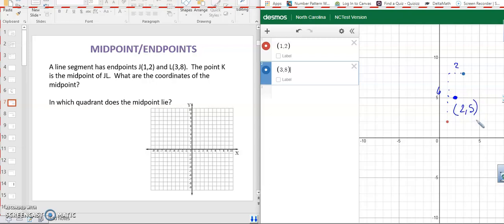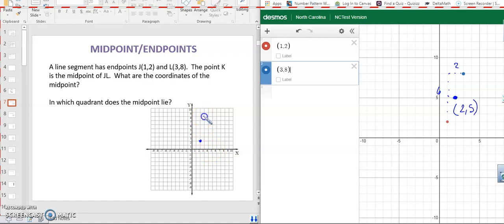To me, this is the easiest way to find the midpoint of a line segment when they give you the ends. Yeah, graphing it is the easiest way. You can graph it on your paper because you're going to have graph paper. So we could have graphed it here, 1, 2, and then 3, 8.